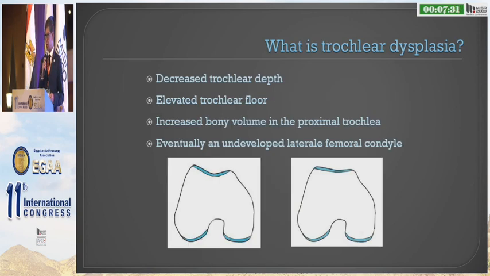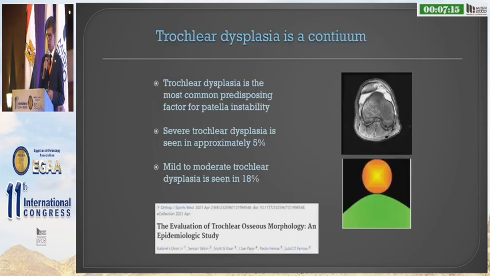It's a decreased trochlear depth, an elevated trochlear floor, increased bony volume in the proximal part of the trochlea, and in some cases it's more an undeveloped lateral femoral condyle. And it's also important to realize that trochlear dysplasia is a continuum going from completely normal to very severe. And it's the most common or most predisposing factor for patellar instability.